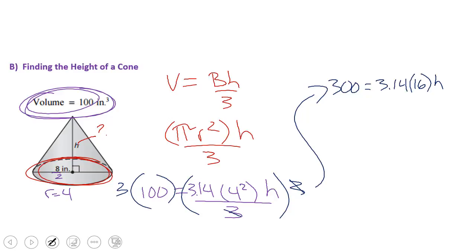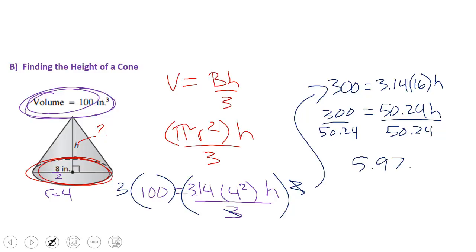Using our calculator, 16 times 3.14 gives us 50.24 times the height, and that equals 300. To finish it off, we divide by 50.24. 300 divided by 50.24 is 5.97, and there's some more.